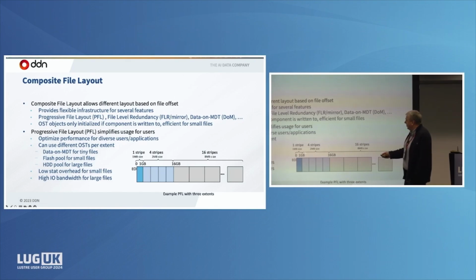If you only have small files, for example a 4K file or 6.4K file, that will solely reside on SSDs in this example. So this really makes striping much easier for the user, who doesn't have to think about the I/O profile, but we encourage them to think about it if they wish. If they do, they can override and set their own PFL.